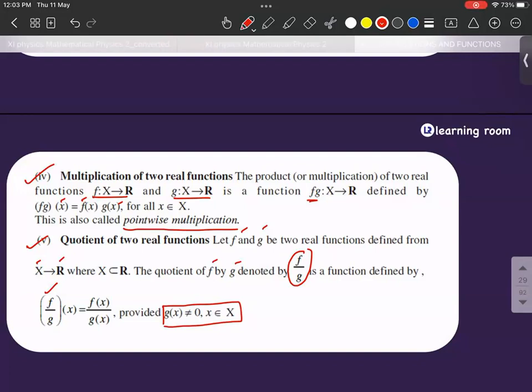Okay, so make a note of this. It's there in your textbook actually. You can make a note there itself so that we can save time. We'll try to concentrate more on problems.